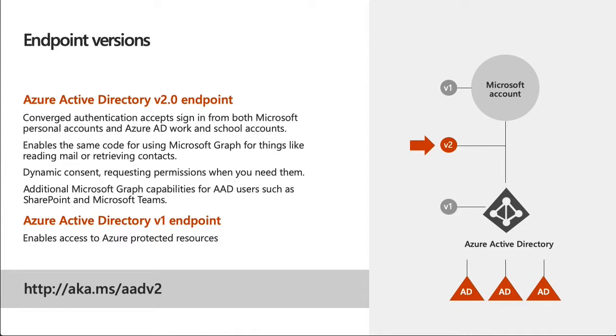One of the scenarios is that in the V1 endpoint, Azure AD only supported Azure Active Directory authentication. It did not support any other styles of authentication. And so what that meant is that if the user was logging in with a personal account or consumer account, also known as a Microsoft account, and they wanted to access things like their OneDrive consumer account or their Outlook.com account, things like that, our application would have to know what kind of account they were signing in with, and we would have to send them to a whole different authentication model.